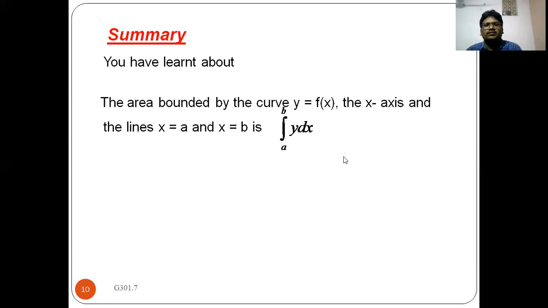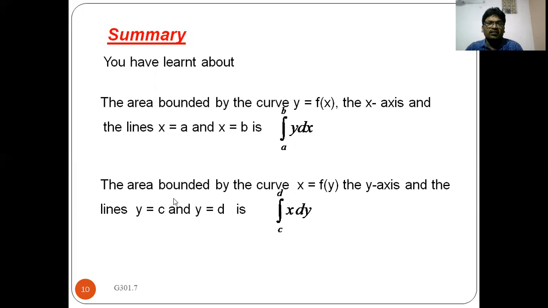Today in this session, we will discuss once again. The area bounded by the curve y is equal to f of x, the x-axis and the lines x equal to a and x equal to b is the integral over a to b of y dx. This is the formula for area about the x-axis, where the x limits are given.